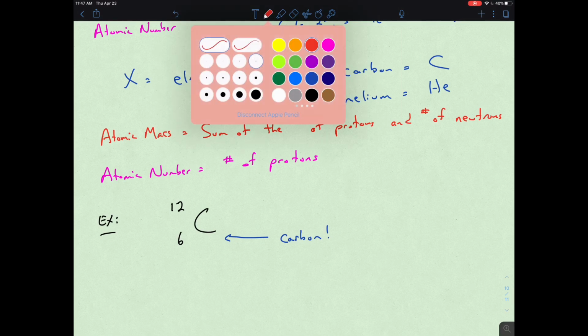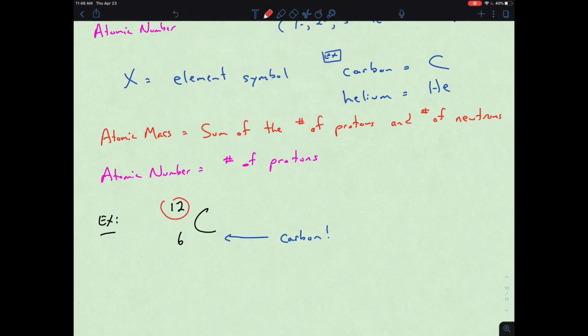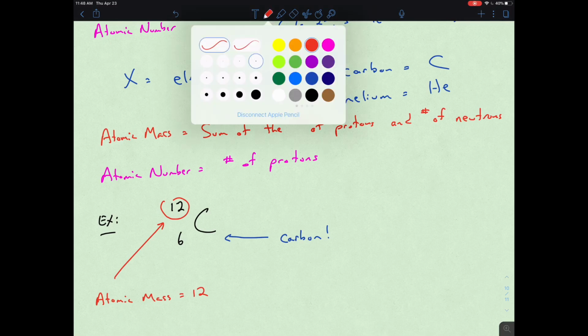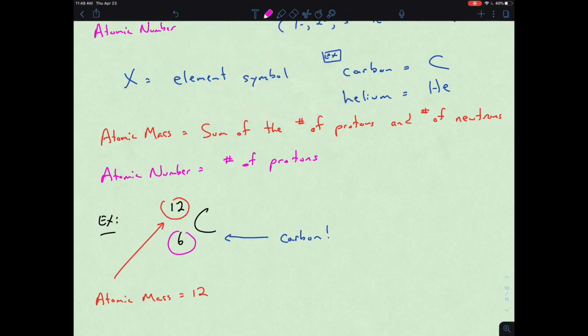We have an atomic mass of 12, and we have an atomic number equal to 6.